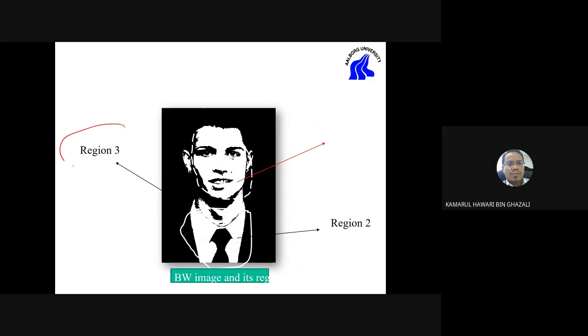Background, region 3. This is black. This is the face, region number 1. This is region number 2. But because this shirt is similar to this one, that's why we need to segment.